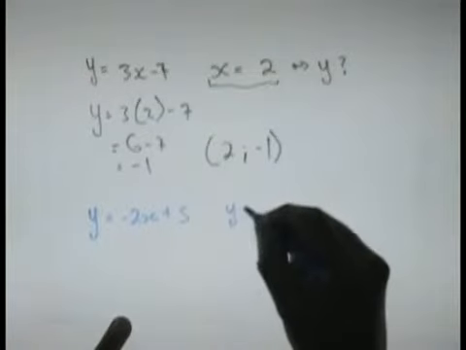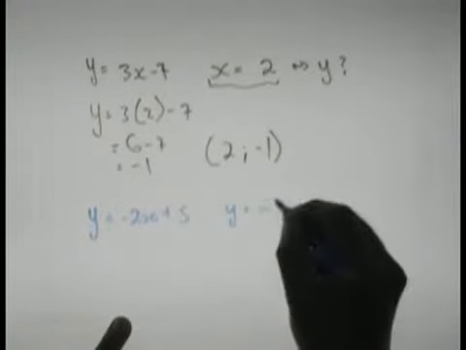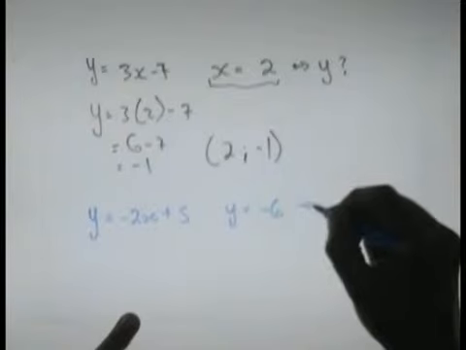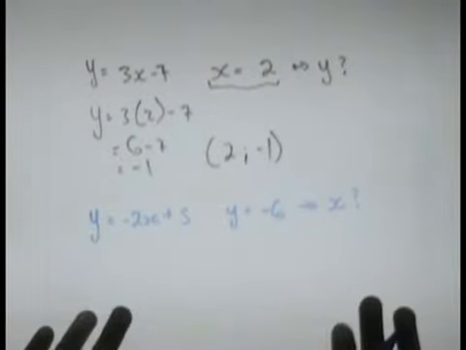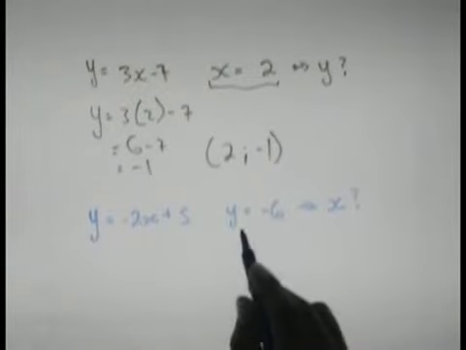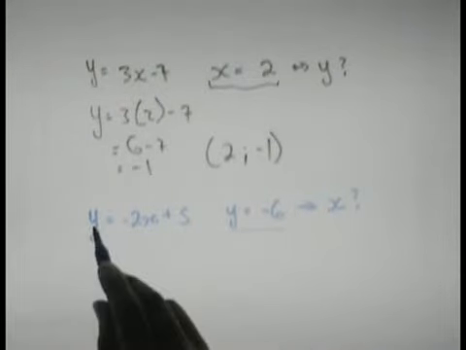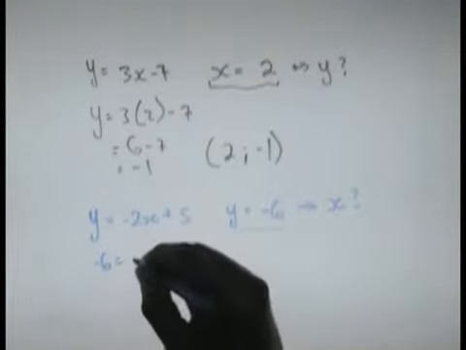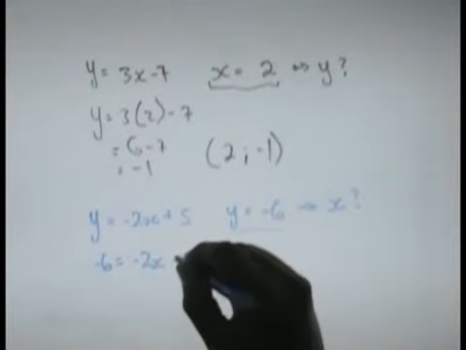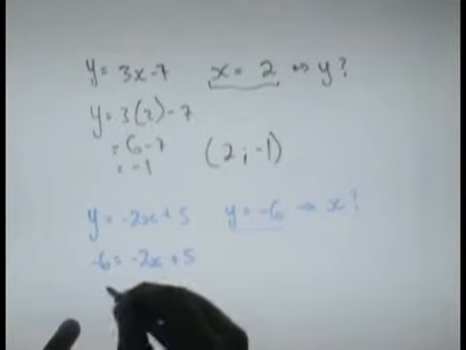And I also told you that our y value is equal to negative 6, and I want the corresponding x value. Again, easy to do. All I do is substitute that negative 6 into the y. That means that negative 6 is equal to negative 2x plus 5.